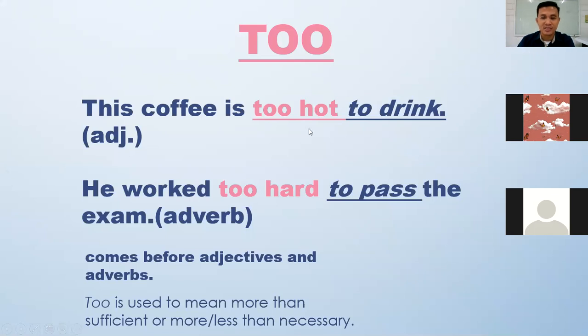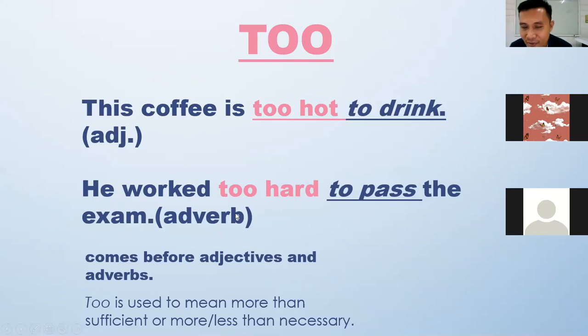The second sentence: he worked too hard to pass the exam. Look at what comes after the verb here: "too", and then the word "hard" comes after that. "Hard" here is an adverb.